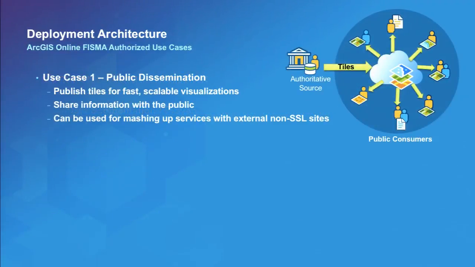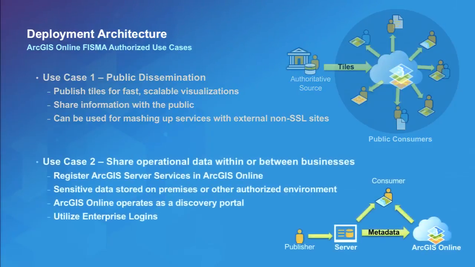As far as the deployment patterns that were authorized by the government under FISMA, the first use case is for public dissemination. You can publish tiles in this case for fast, scalable visualizations, and it's great for sharing information with the public. It can also be used for mashing up services with external non-SSL-based sites.